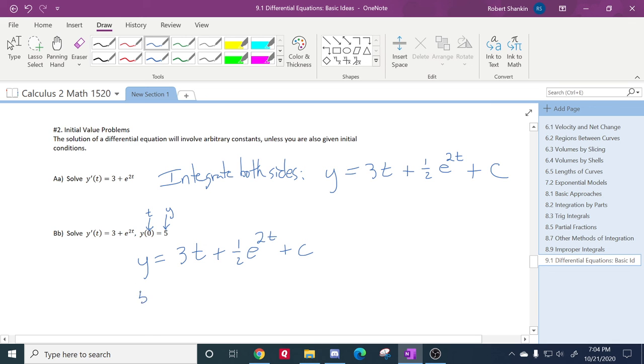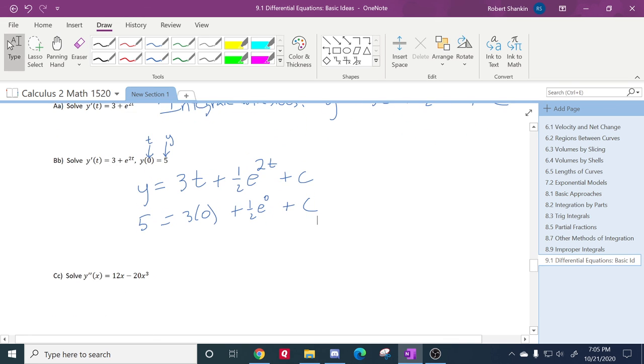So y equals 3 times 0 plus 1/2 e to the 0 plus c. And then this becomes 5 equal, e to the 0 is 1, and this is 0. So you're going to get 1/2 plus c, where c is equal to 4.5.